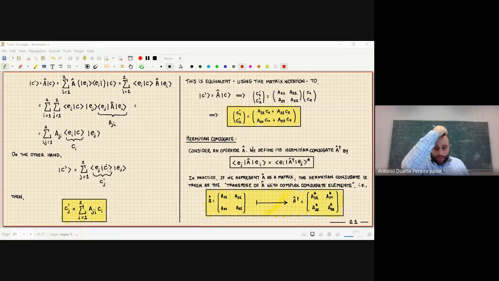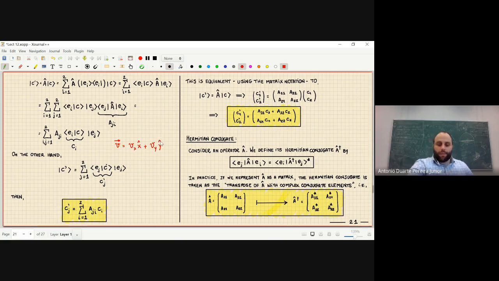And you see that if you have a vector, so let's think about standard vectors. If you have a vector V in a plane, you can write it as the component of the vector in the direction x plus the component of the vector in the direction y.